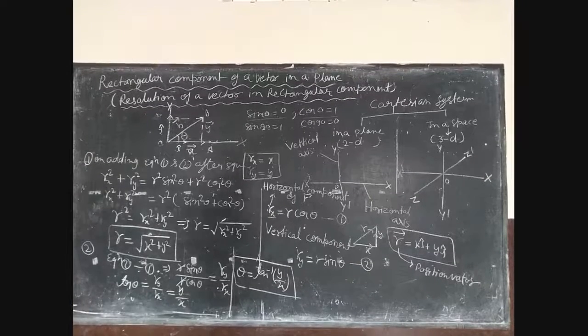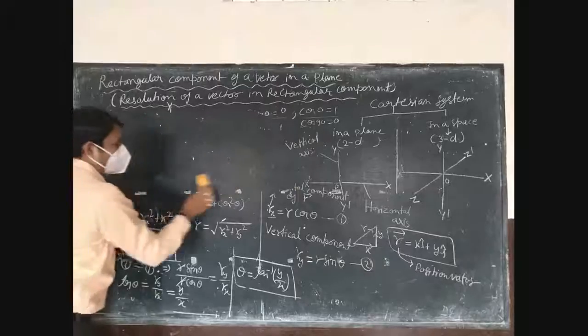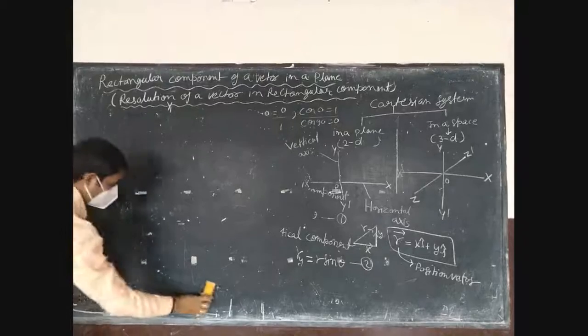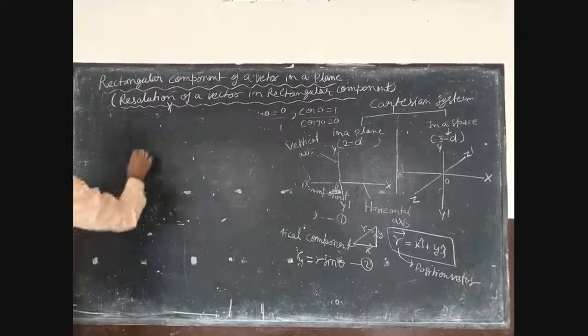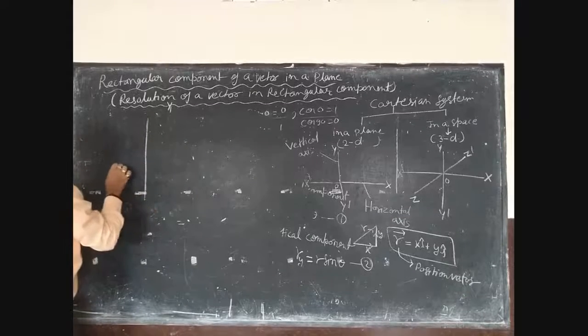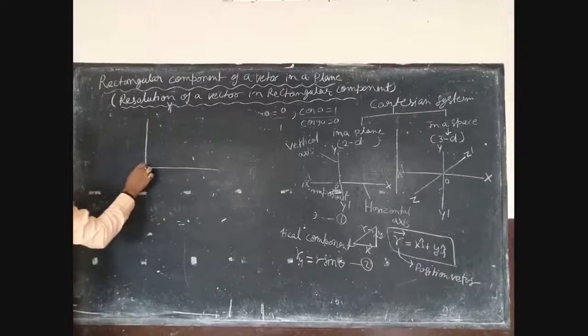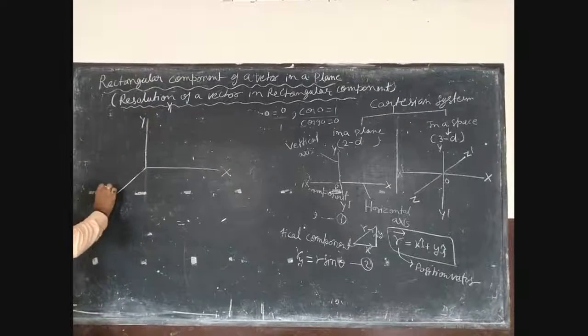Next, see: rectangular component of a vector in three-dimensional space, 3D. Rectangular component of the vector in 3D. So you can form for this the x-axis, y-axis and z-axis.